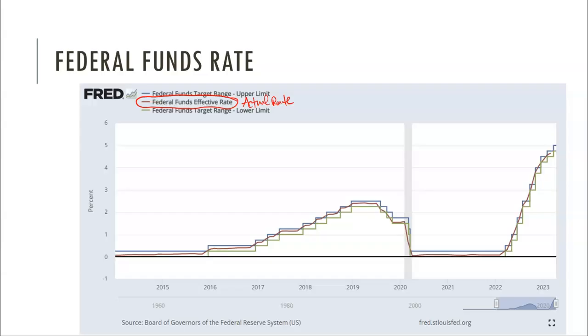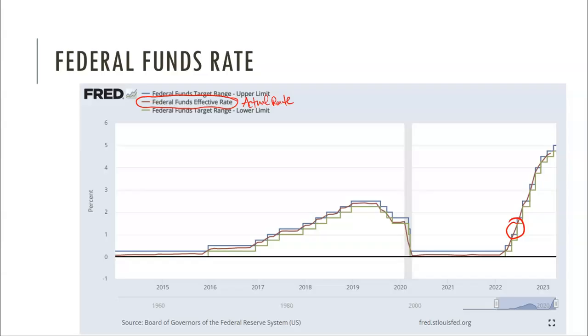And if you look at this graph, it's sort of hard to see the distinction. It's hard to see where they go, but that's just because it actually works really well. Wherever the Fed announces their target rate is, they're able to buy and sell enough securities to get the actual market rate to change, to be really close to that range. You can see a couple areas, like right over here, where the actual rate was higher than their target.